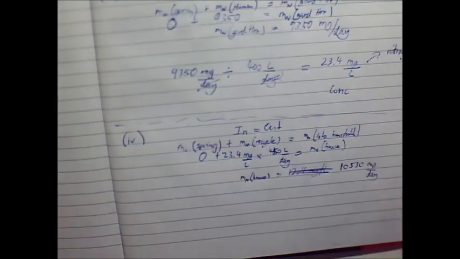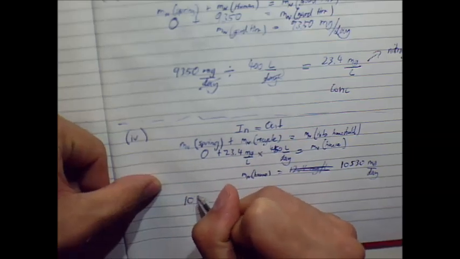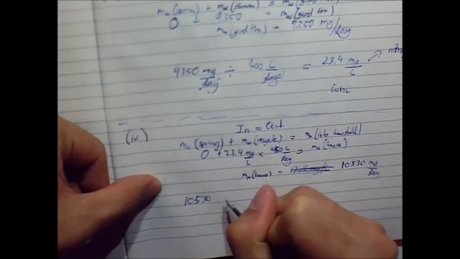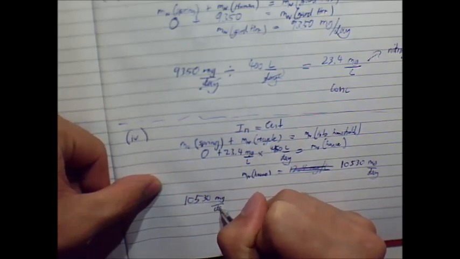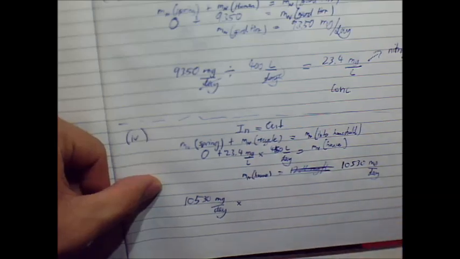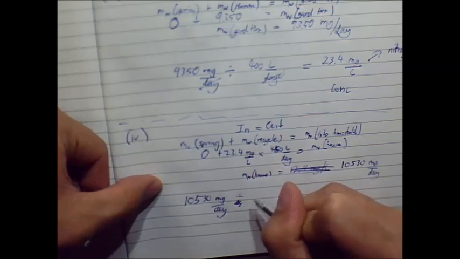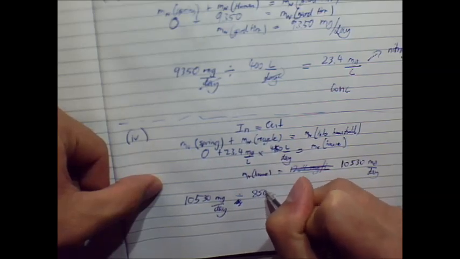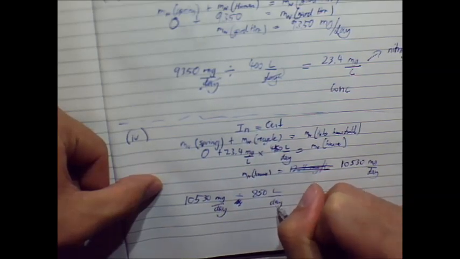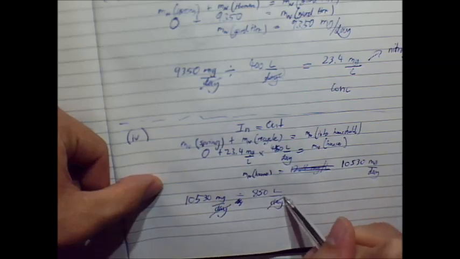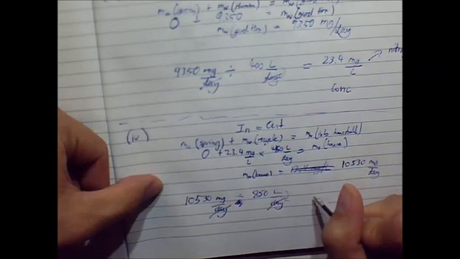We take our 10,530 milligrams per day and divide by 850 litres per day, which will cancel out the units and put the litres on the bottom.